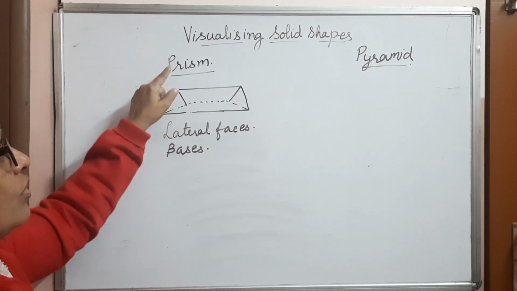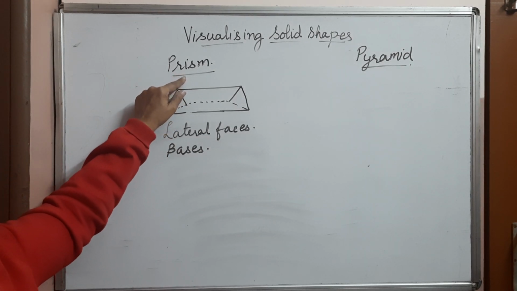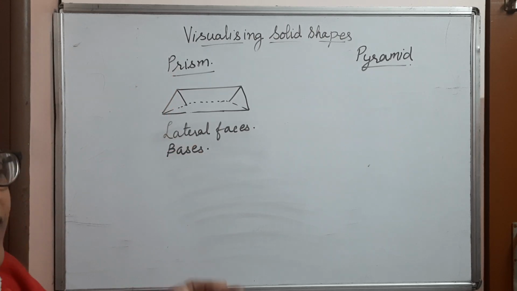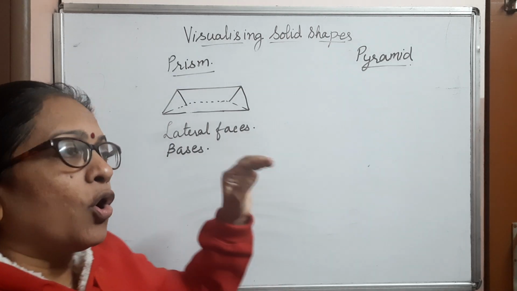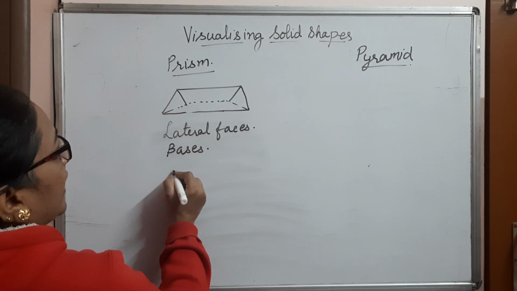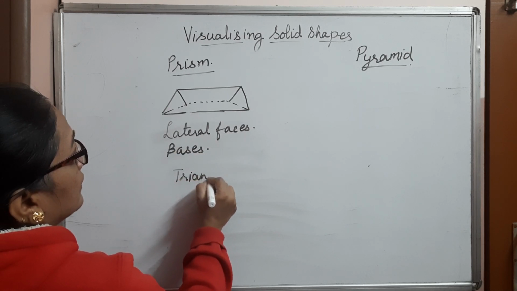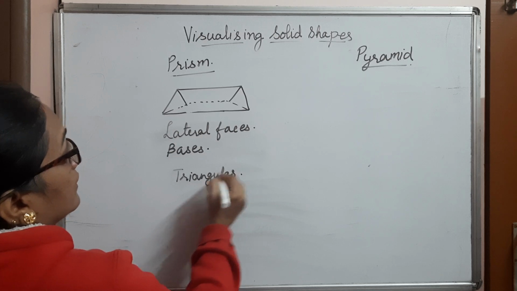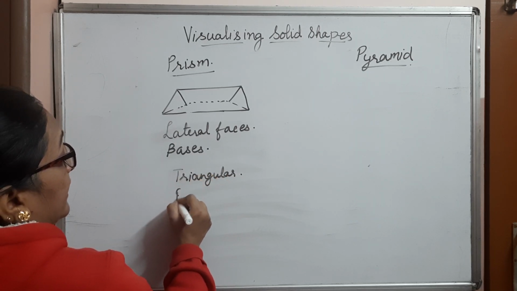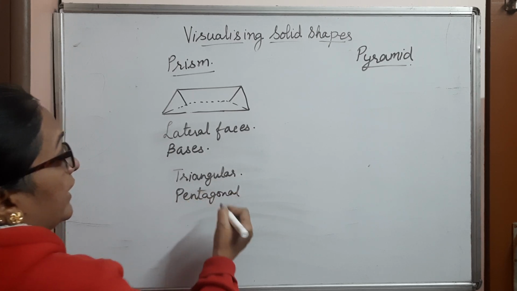Now in the case of a prism, the name of the prism is given on the basis of the base, that is, whatever the shape of the base is, the name is given on the basis of that. So we have different types of prisms: triangular prism, pentagonal prism, and so on.